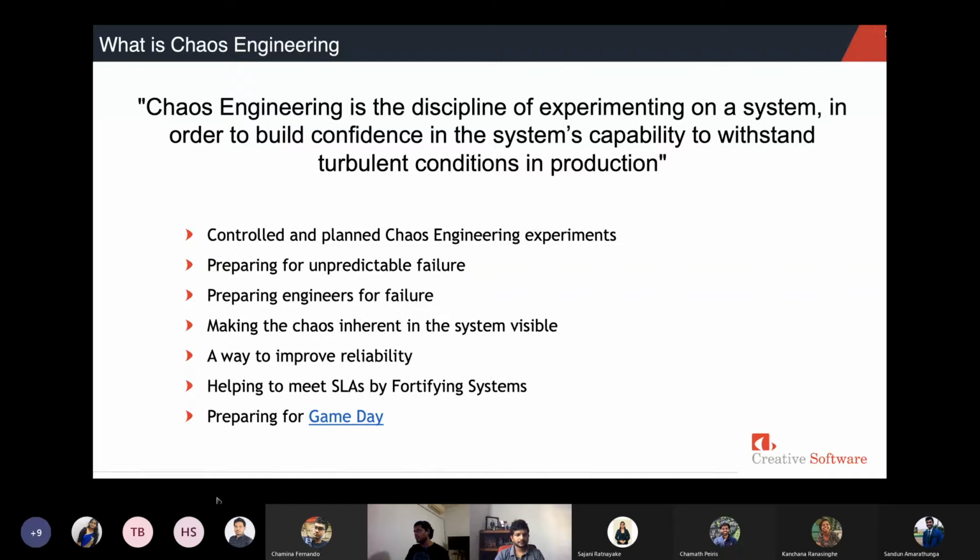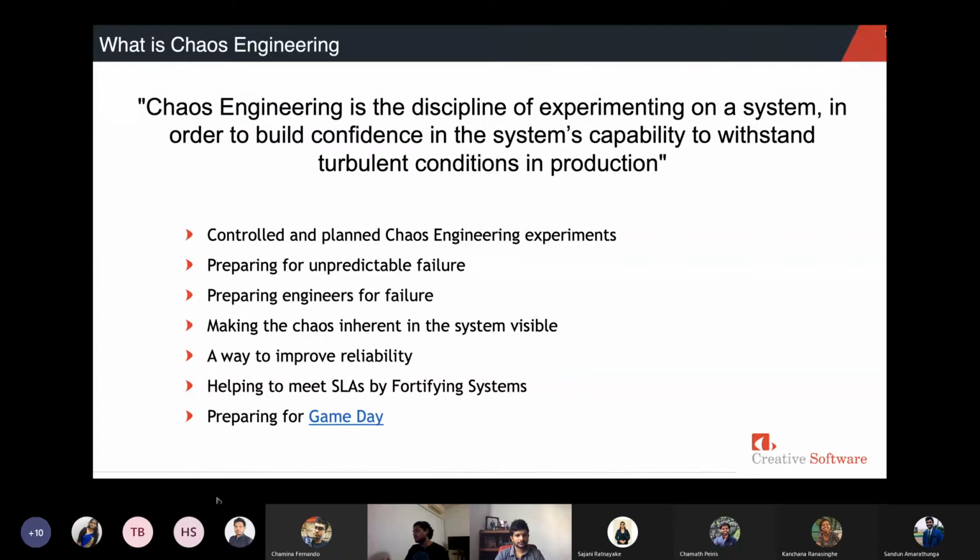Because when we are doing chaos engineering continuously, these turbulent conditions in production mean this test is not done once in a year kind of thing. So the chaos should be implemented, inherited in the system, and the chaos should be visible all the time, so that engineers have to work on it before working on anything else, like developing features.